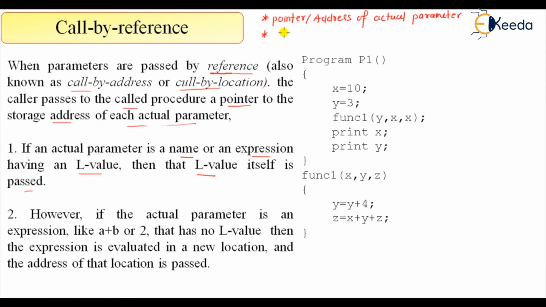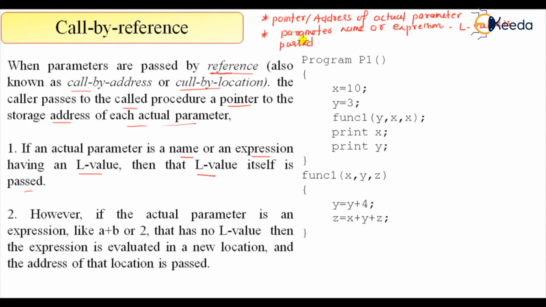So if the actual parameter is a name or expression, in that case the L value itself is passed.